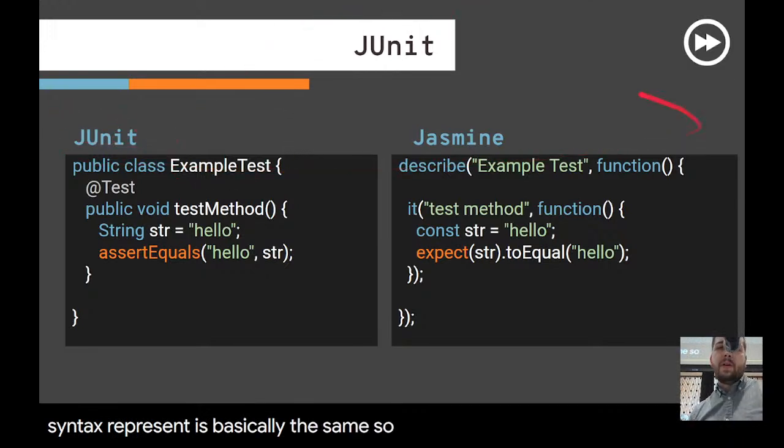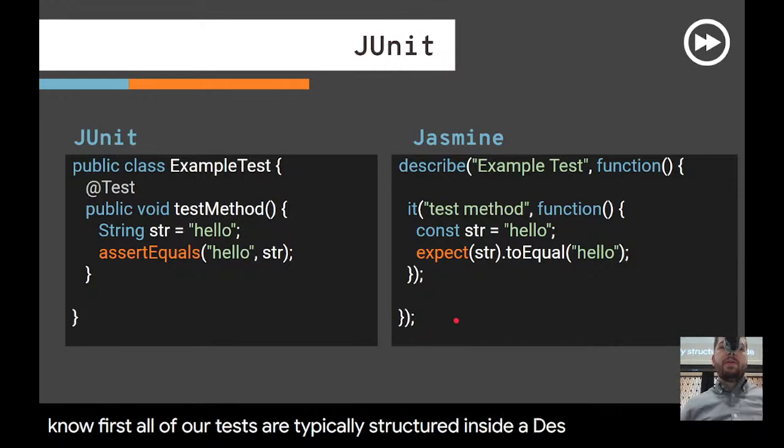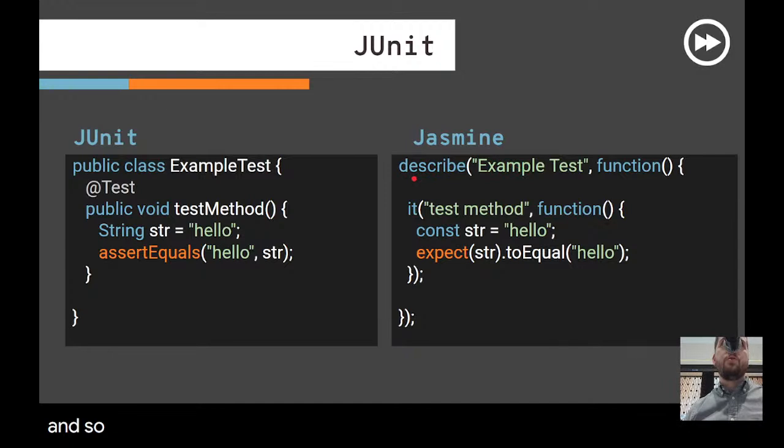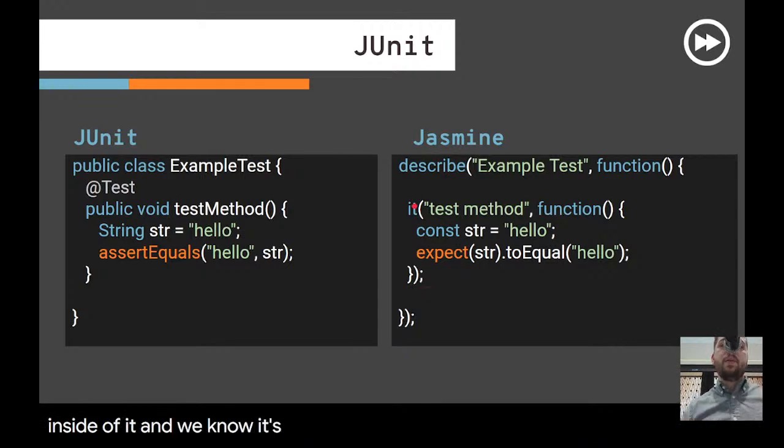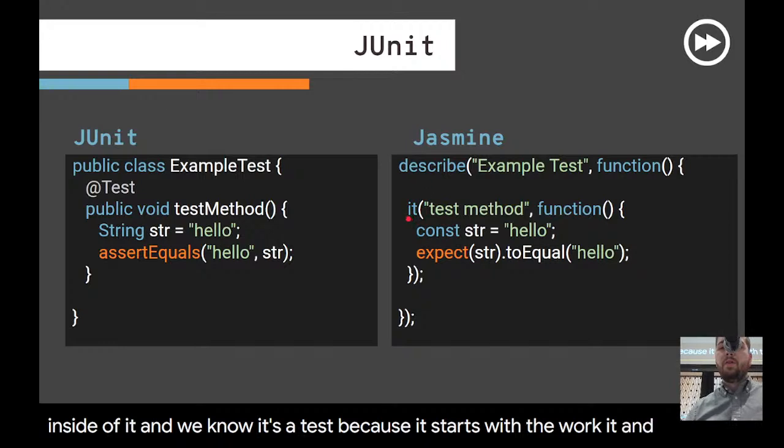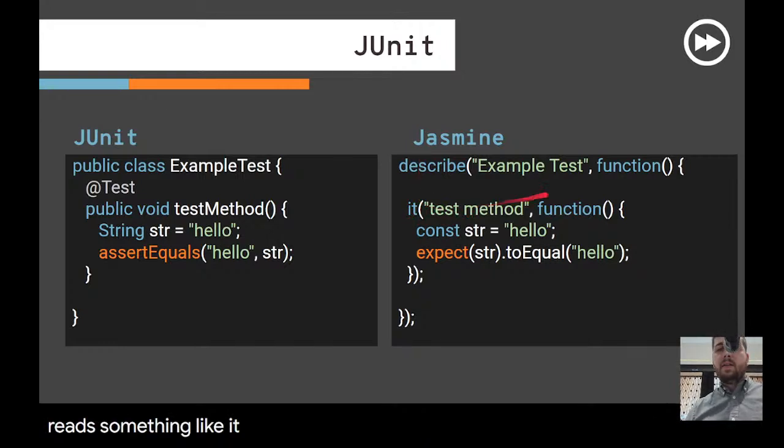In Jasmine, we'll start with what we know first. All of our tests are typically structured inside a describe function right here. And then we can add each of our tests inside of it. We know it's a test because it starts with the word it, so it reads something like, it tests the method.